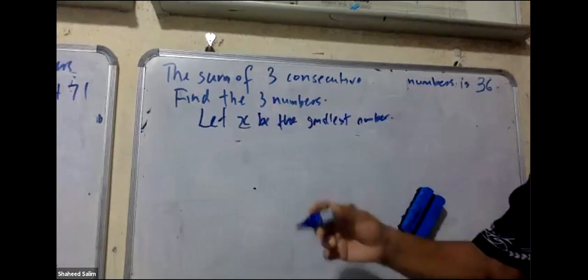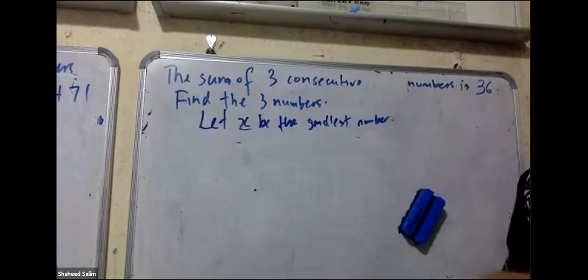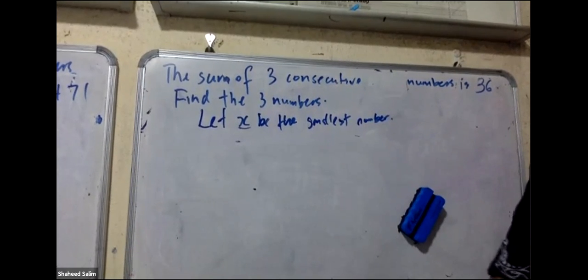The numbers are something like 1, 2, 3, it could be 5, 6, 7, it could be 10, 11, 12, but one after another. It's not plus 2, now it's plus 1. So what are the three numbers?